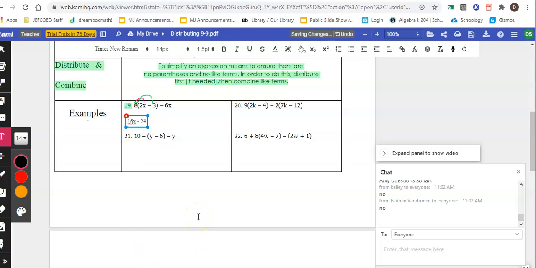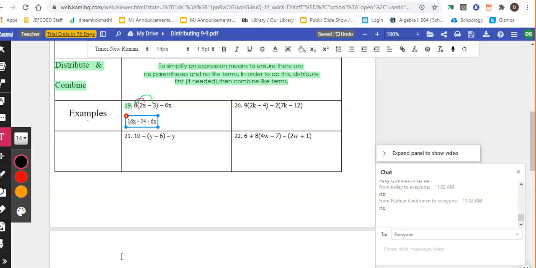Okay? Now, as of right now, we don't have anything else left to distribute, so I'm just going to bring into the expression what we have left. So right now we've got 16x minus the 24, and then we also have minus the 6x. Okay? All right, now like yesterday, guys, we're looking for terms that are alike.